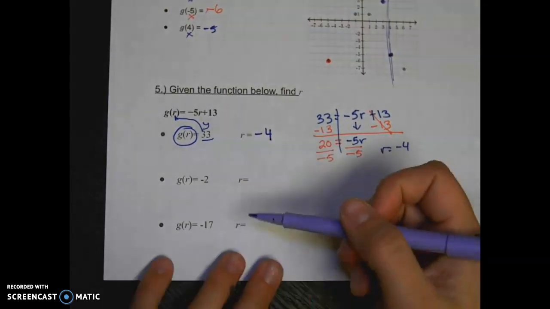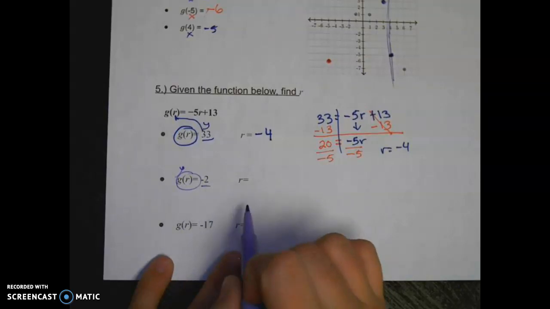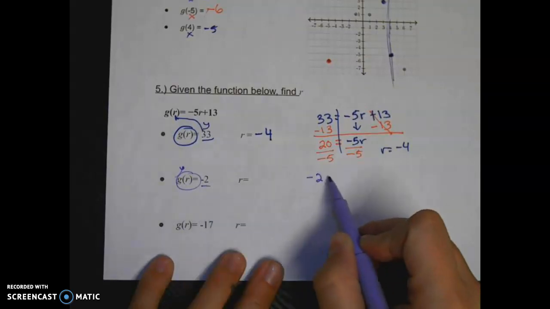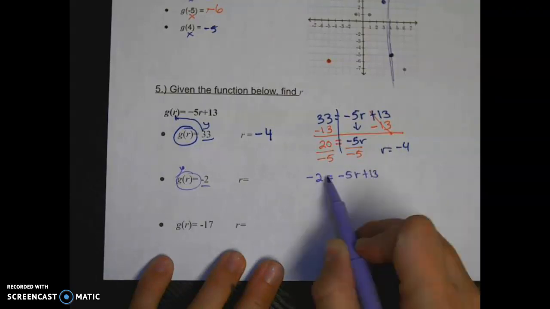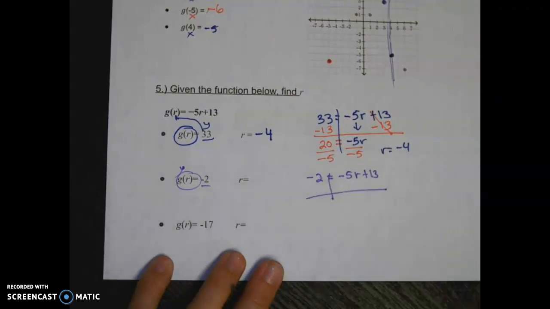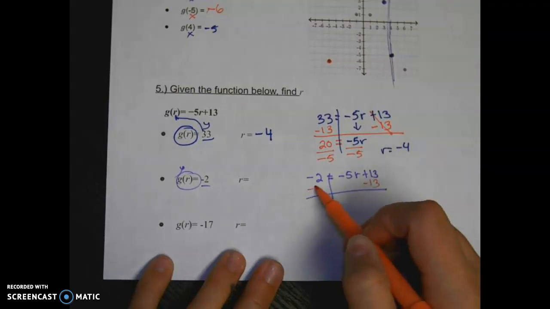Okay. Now, where g of r is, so essentially our y, we're going to plug in -2. So now I have -2 equals -5r plus 13. Again, subtract that 13 from both sides.